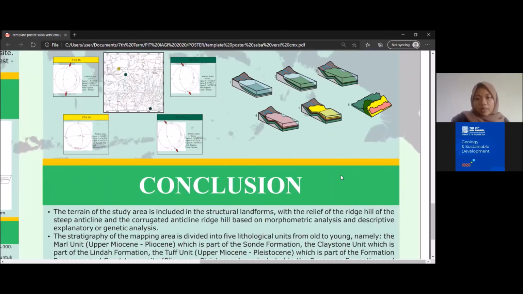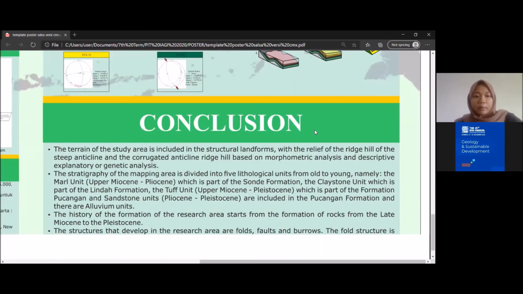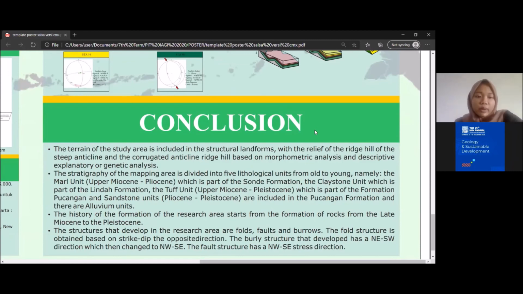Based on the presentation that we discussed earlier, we can conclude some points. The first one: the terrain of the study area is included as structural landform, divided into steep anticlinal ridge hill and undulating anticlinal ridge hill. Then the stratigraphy of the study area is divided into 5 lithology units, which from the oldest to the youngest are marl unit, claystone, tuff, sandstone, and alluvium.